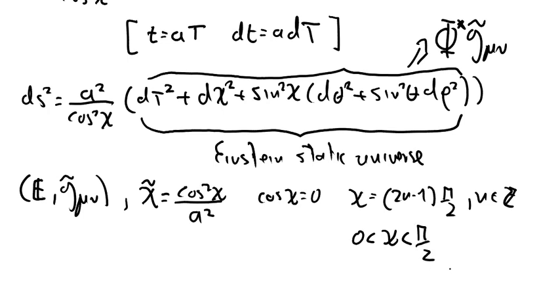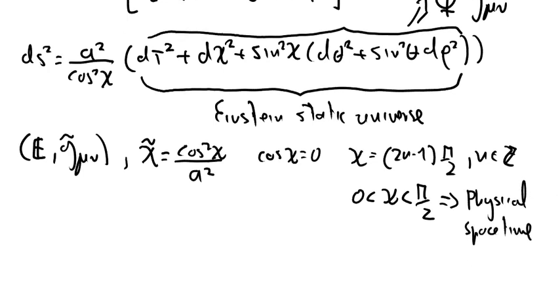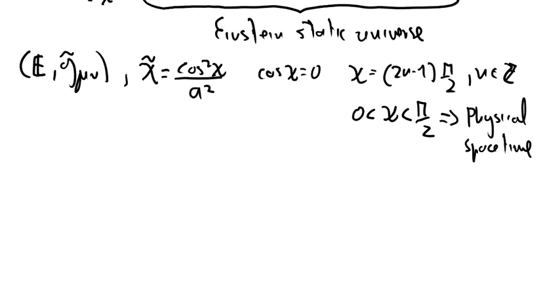Well, I don't think I need to go into the full details because we have already studied the full details for Minkowski and de Sitter. And so let me just bring a picture of this conformal embedding.